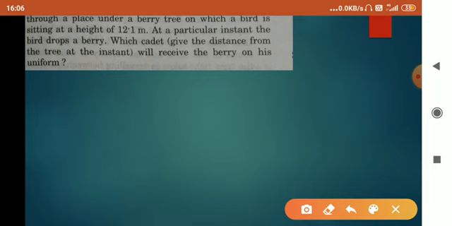So consider this is a berry tree. According to the question, the NCC parade is going on with a uniform speed, given as 6 km per hour. Now convert this into meter per second, which is 1.66 meter per second.